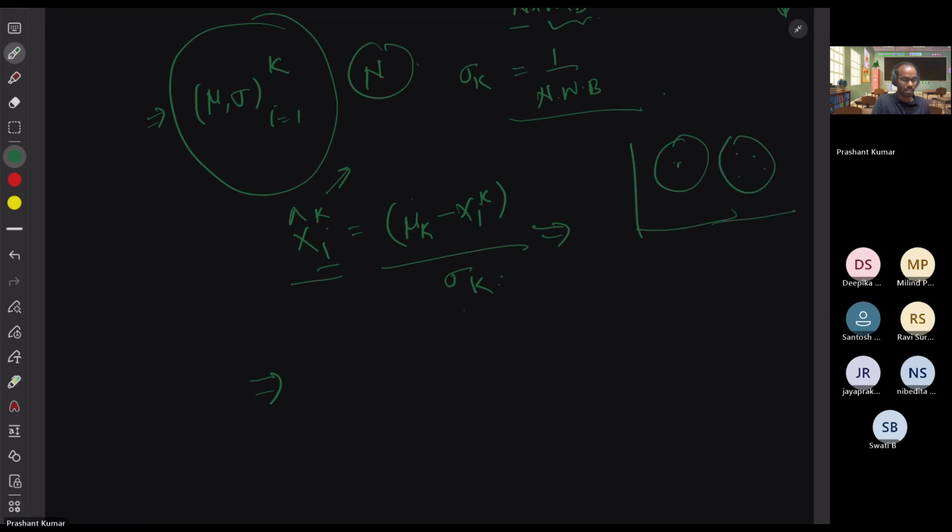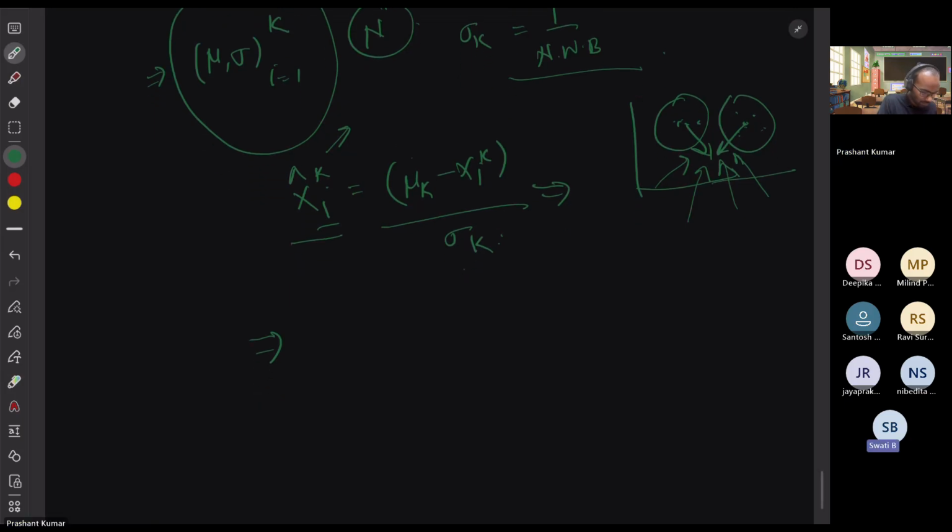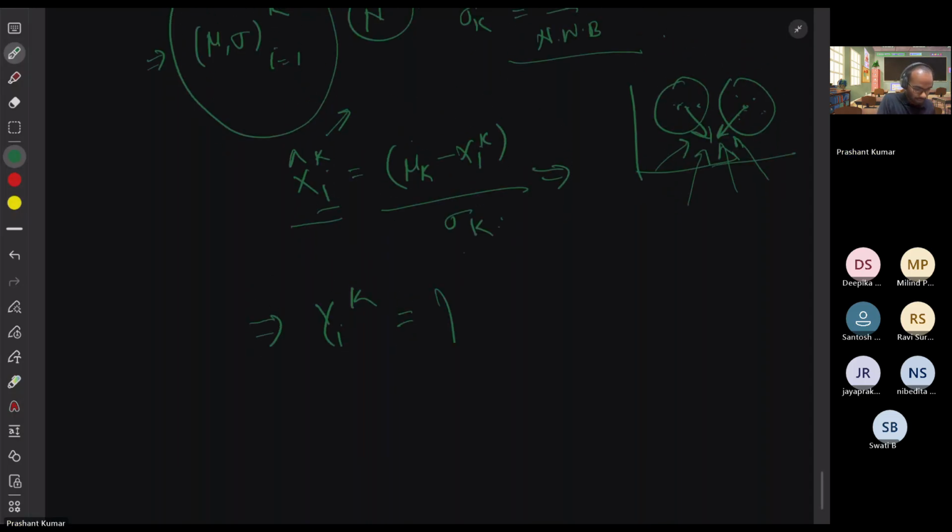So we say, okay, I have created the space of mu sigma, and let's bring back this mu sigma to a point. In that case, I will write y_ik as equal to gamma into x_ik plus beta.